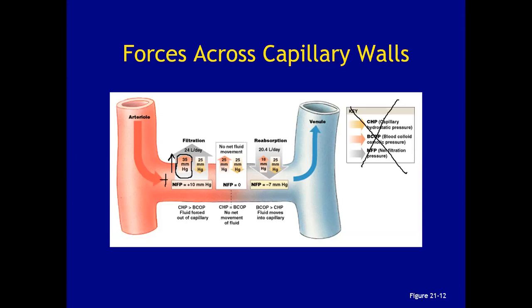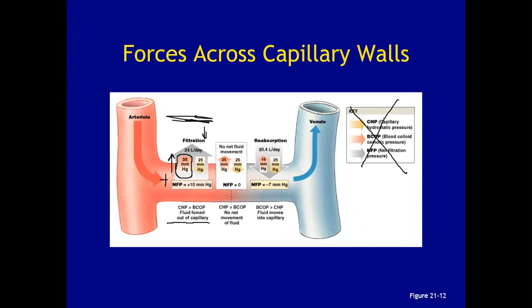Excuse me. Okay. And there is also stuff in the blood. There's more stuff in the blood than there is out here. So there is a pressure to want to draw it back in. That's called the blood colloid osmotic pressure, right? Well, look at this. The pressure pushing it out is 35. The pressure pulling it in is 25. We get the winner being capillary hydrostatic pressure. Capillary hydrostatic pressure is greater than blood colloid osmotic pressure.